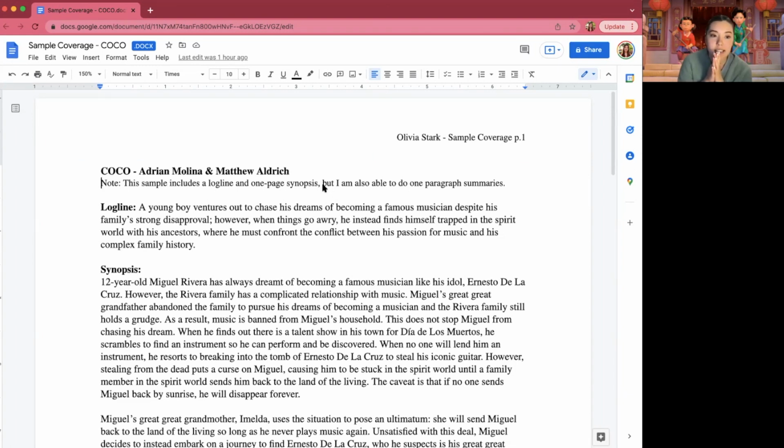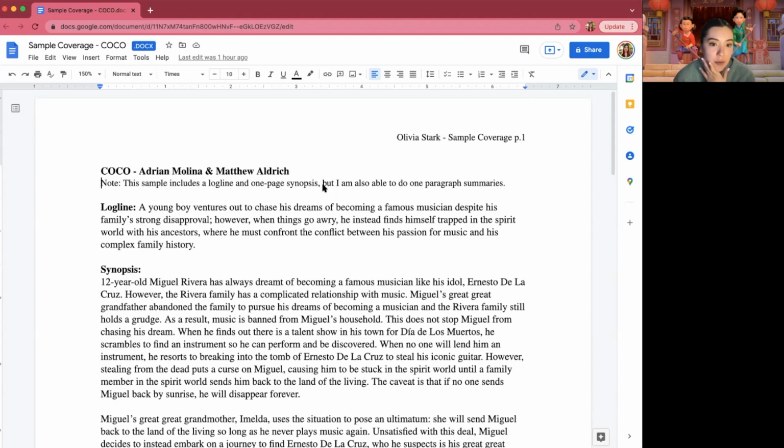But let's start with log line. A log line is basically a one or two sentence summary of the movie. In a logline, you don't really need to explain the details of what ends up happening in the movie. But I'll read this one and then break it down for you guys.